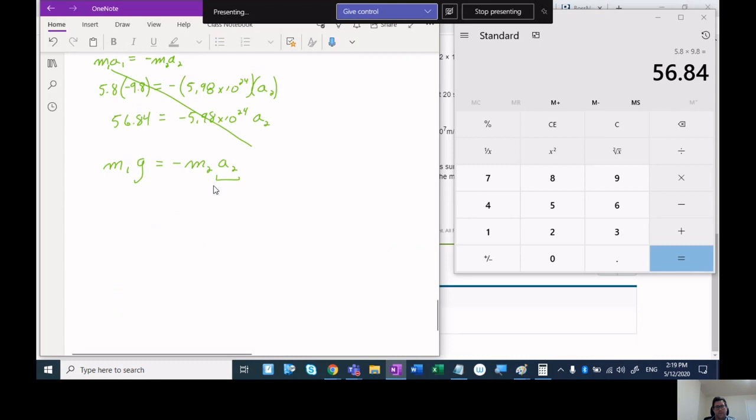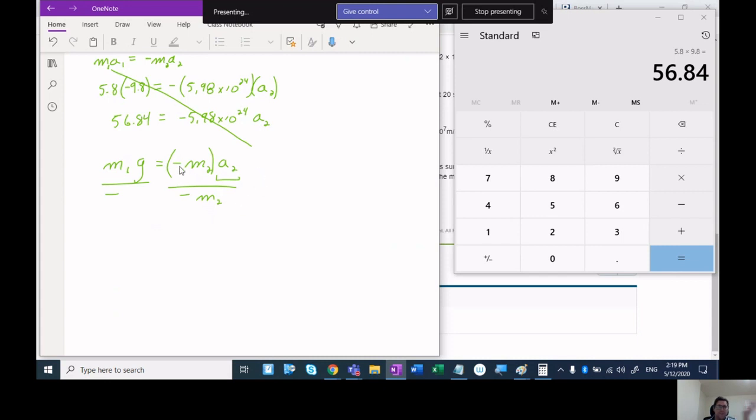So what do we need to do? A2 is being multiplied by minus M2, so I want to get rid of the minus and I want to get rid of the M2. How do you do that? You divide by minus on both sides. That'll get rid of your minus. And you also divide by M2, right?